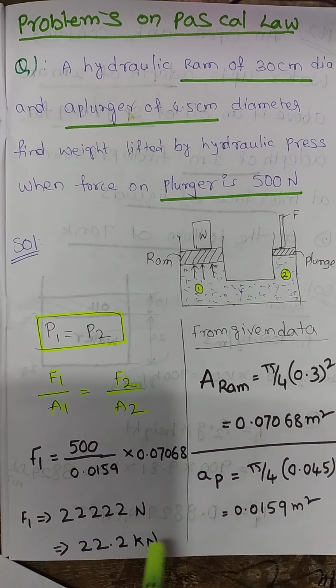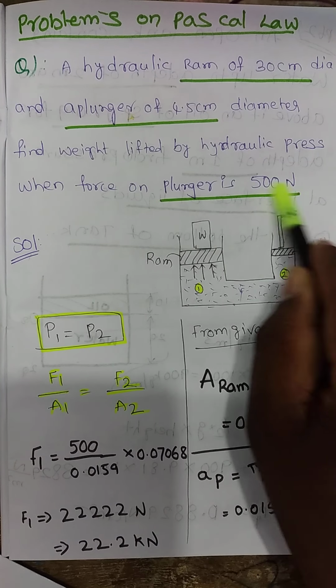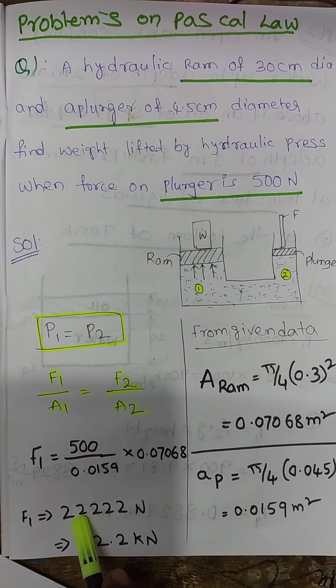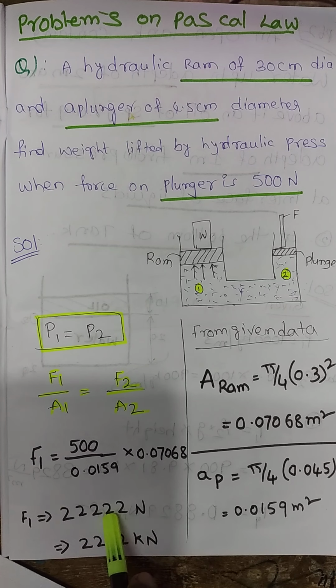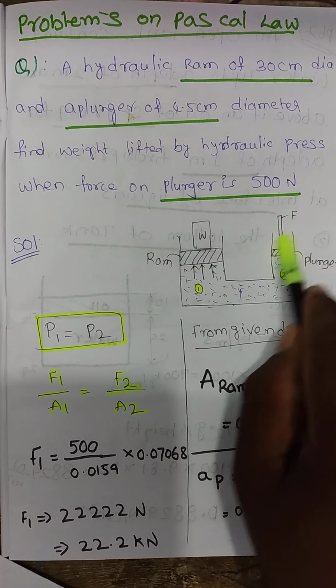So with the help of this you can simply estimate that 22,222 newtons of force we can lift with the help of 500 newtons force.